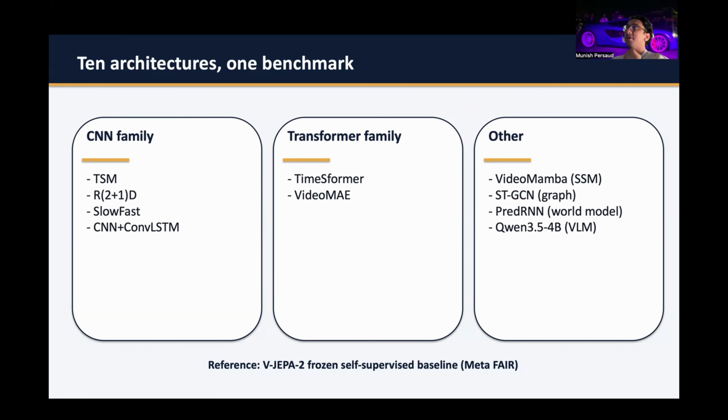Qwen 3.5 4B, which is a vision language model that's unified. It's not two separate inputs into the header. And then we also used V-JEPA 2, the small version, from Meta as our state-of-the-art reference. We specifically did not train this. We just ran its evaluation as a baseline for us to compare to.